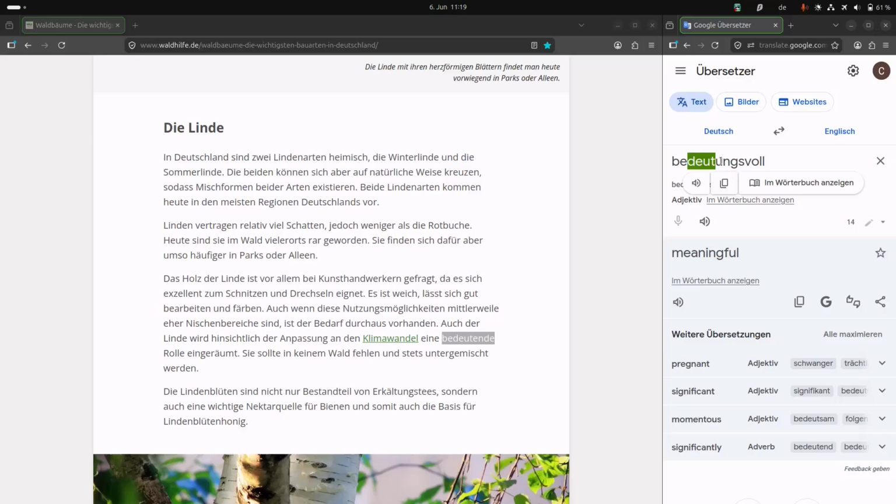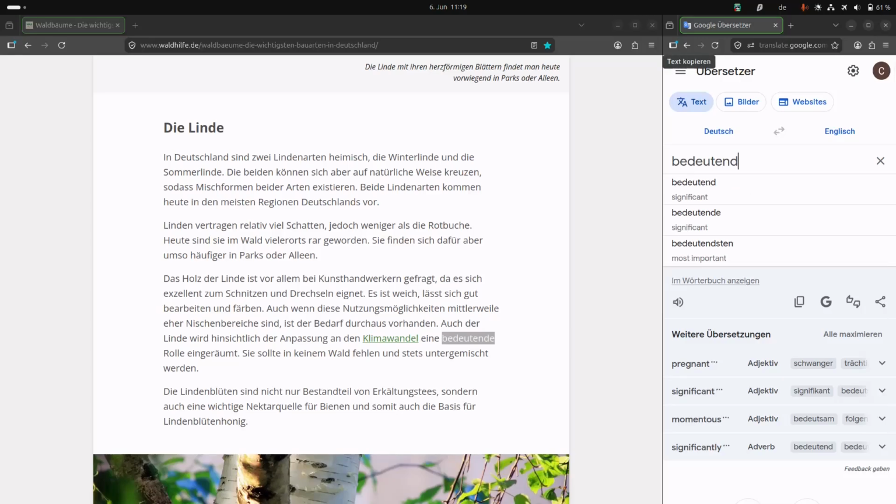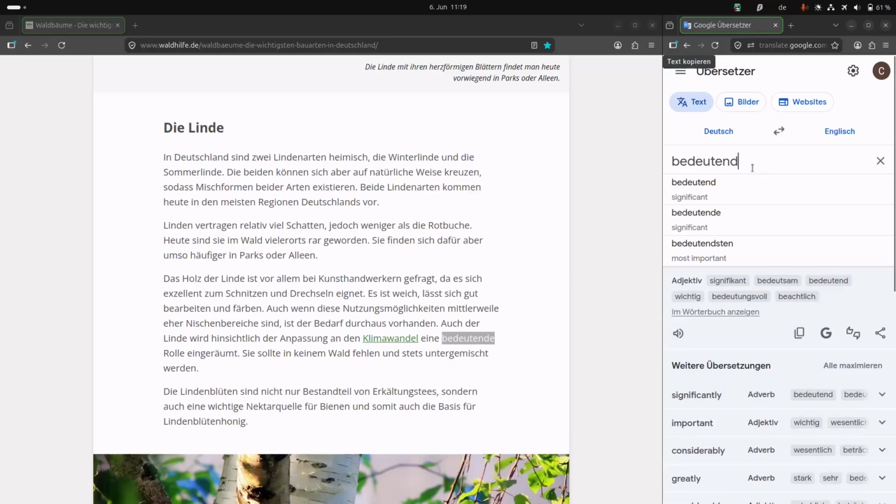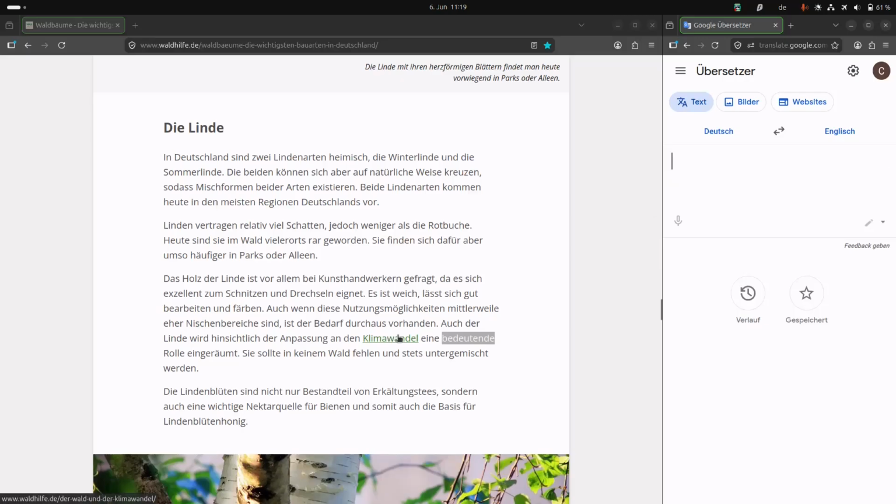And Bedeutung in general means meaning, so bedeutend, so significant, you could say, but it's kind of similar. So a significant role, or of course in terms of just the abstract word of role.